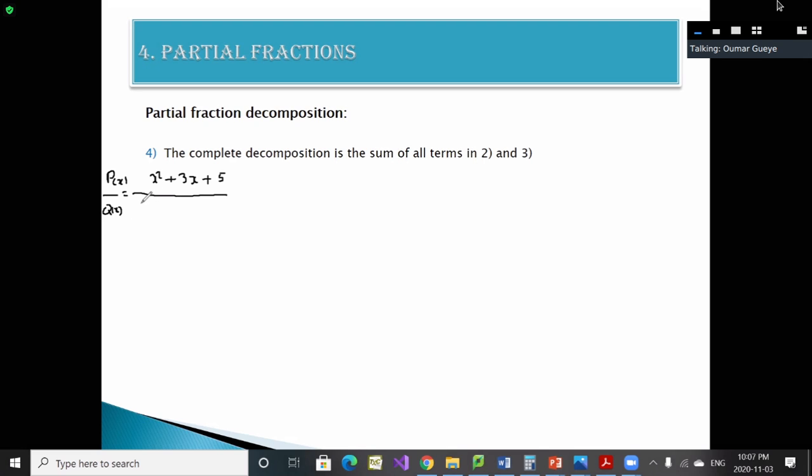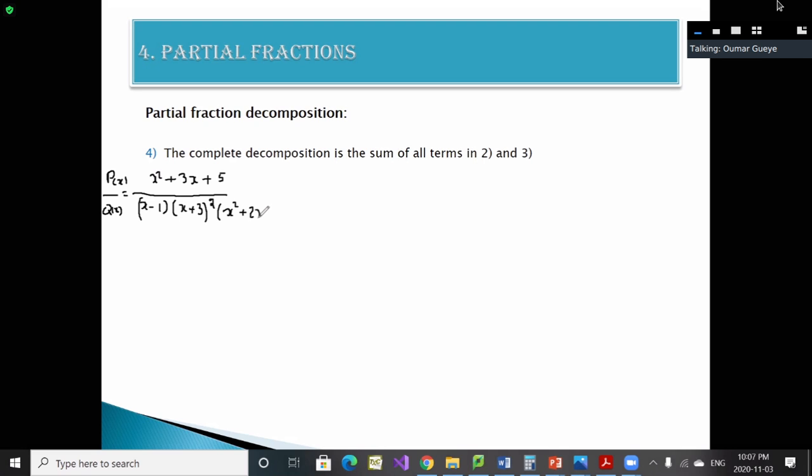For example, let's say x minus 1 is the first linear factor, and then x plus 3 is my second linear factor, and it's repeated twice.